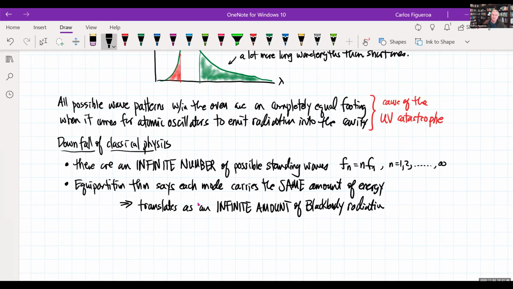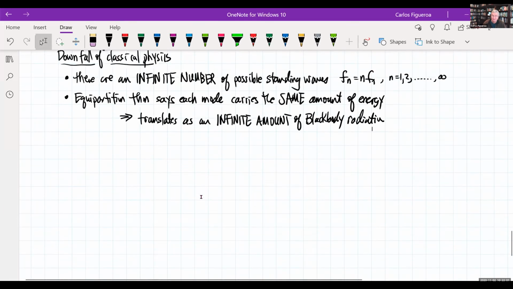And that's where classical physics fails. Because when you turn on your oven, you don't have an infinite electric bill or kill every living thing in the world. So clearly classical physics has failed here. So then we go into the details now.